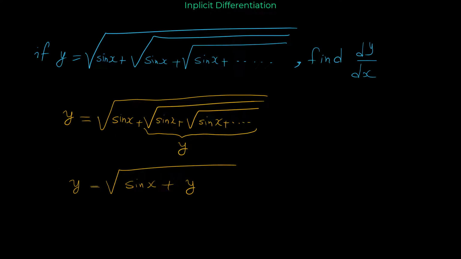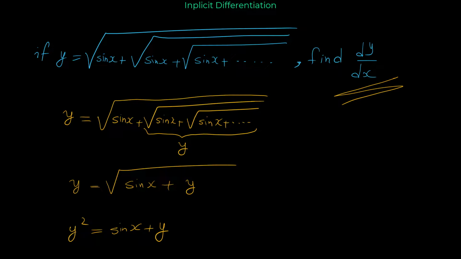And now we can use implicit differentiation for finding dy over dx, not the usual differentiation method. We use implicit differentiation because we have an implicit relation here. But before differentiating this, if you raise both sides of this relation to the power of 2, we have y squared equals sine of x plus y.